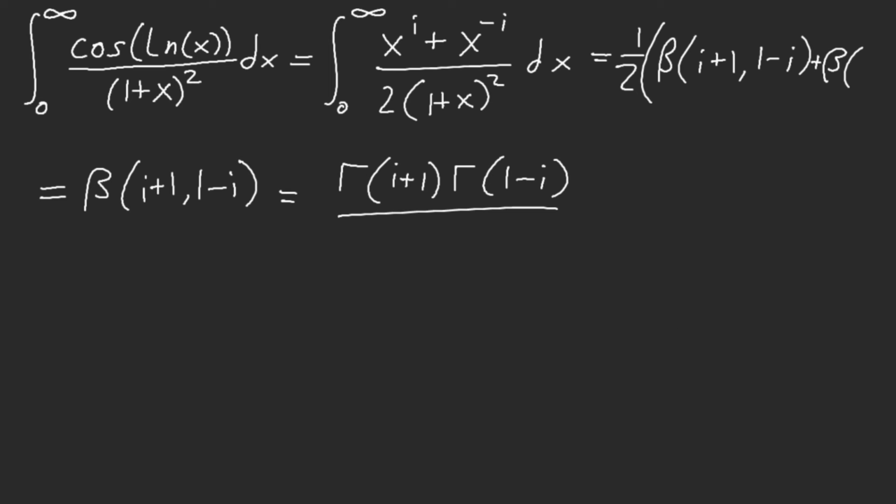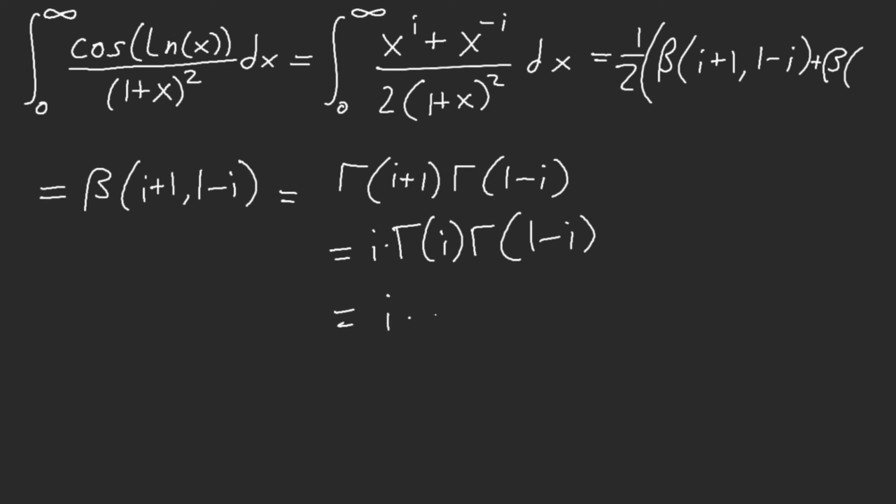Okay, so what do we do? How do we solve this gamma expression here? Again, Euler's reflection, right? This is i plus 1, but we want i. We can definitely change this to i, because this is i times gamma of i, and then 1 minus i here. And so by Euler's reflection, we have pi cosecant of pi i, right? And now, what is cosecant pi i?